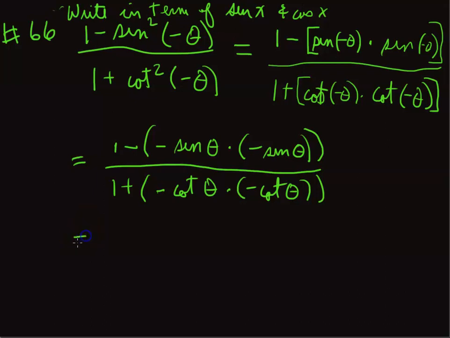Now we've got 1, well, a negative times a negative is a positive, but I'm still subtracting it, sine squared theta, and a negative times a negative is still a positive, 1 plus cotangent squared theta.